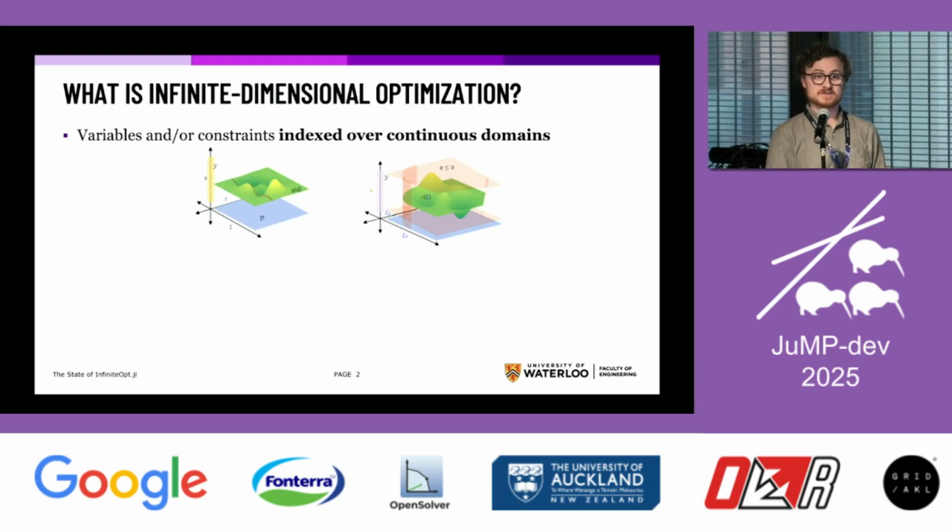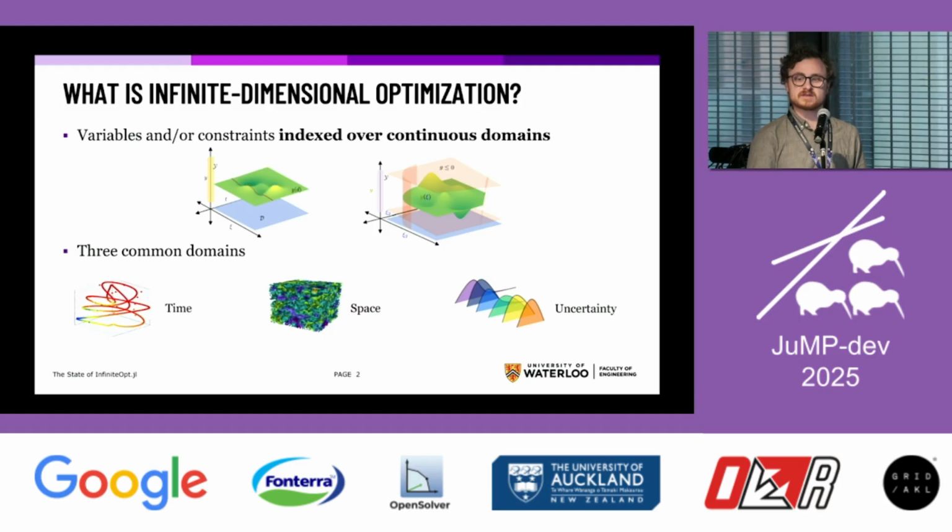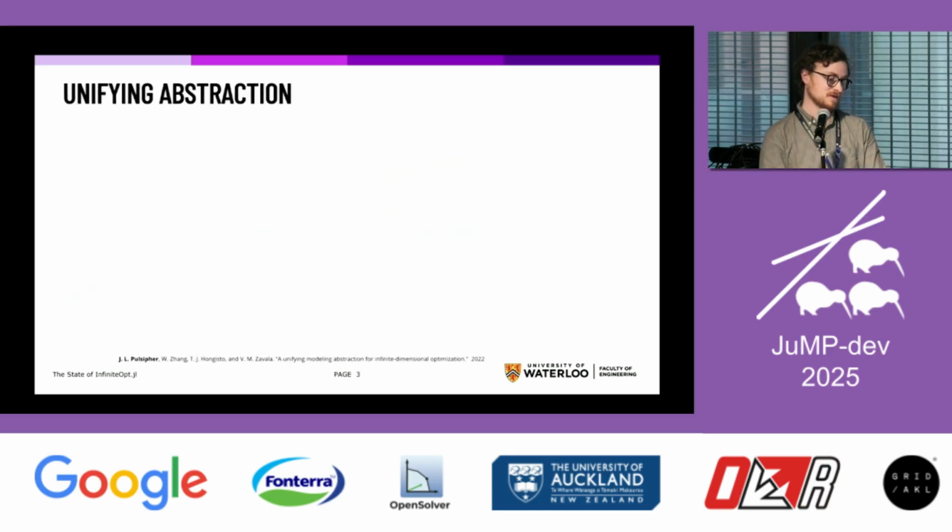We could have called this function opt, but InfiniteOpt sounds cooler, so that was the clear choice. Three common domains that might be indexing your variables include time, if you have dynamic optimization; space, commonly in some sort of PDE-constrained formulation; or uncertainty, so you can think of having random scenarios in a two-stage stochastic program or something like that, or combinations of the above.